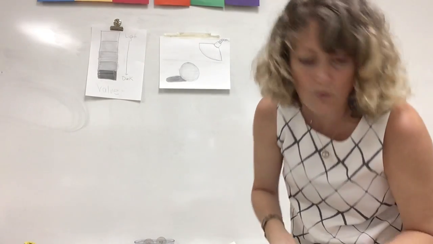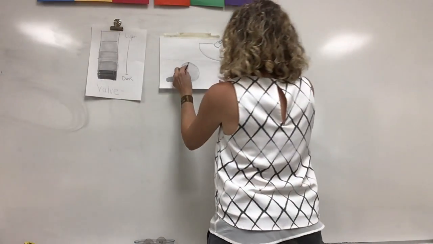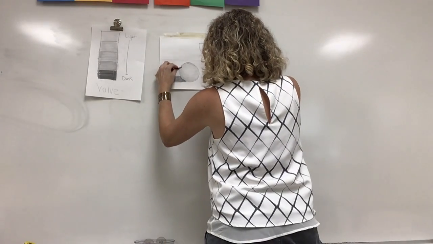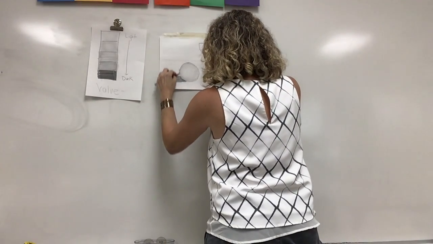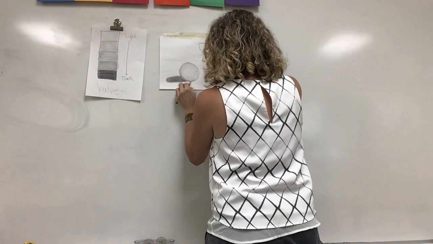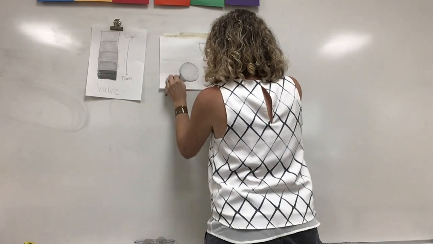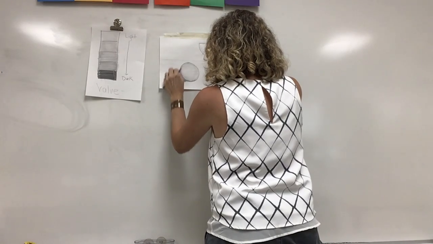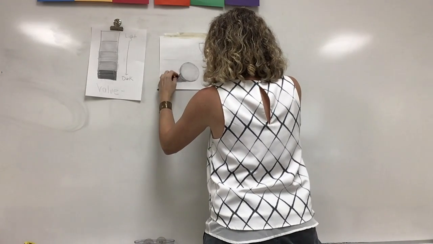And so I know that I want to make it darker. I can also use an eraser to make things lighter. And you're just going to take your time and darken things up.